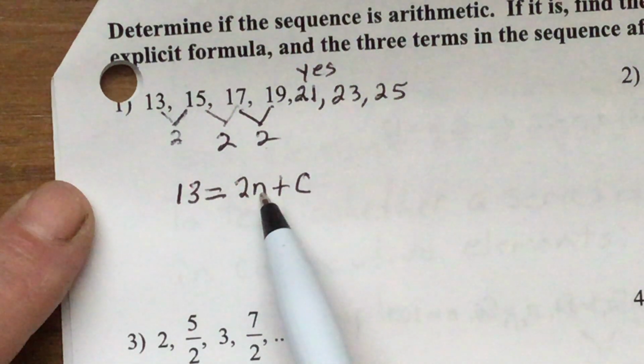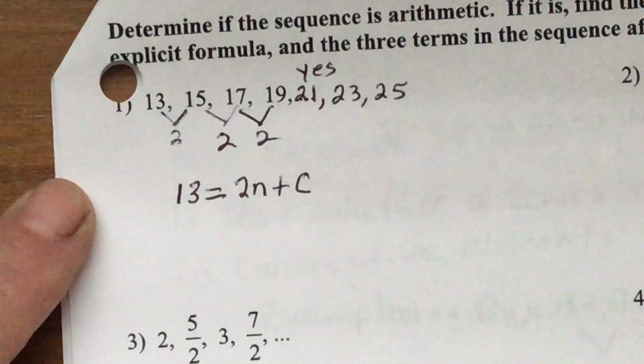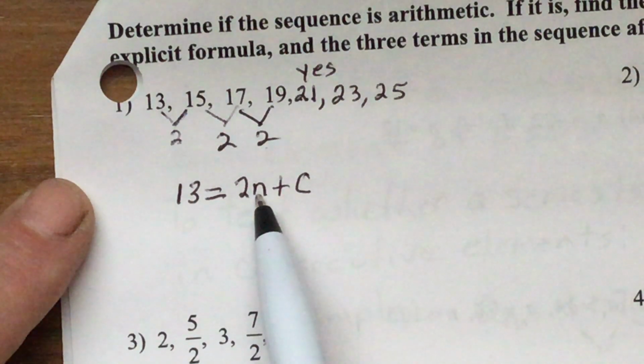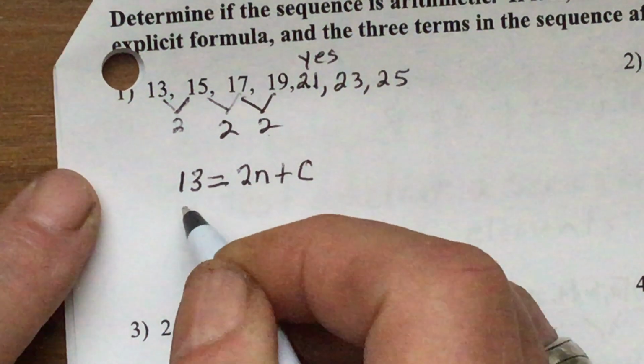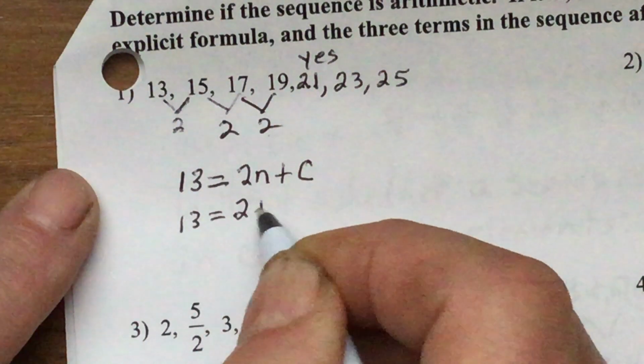That number just happens to be the index number for where 13 is at, which is 1. So 13 equals 2 times 1, which is 2, plus C.